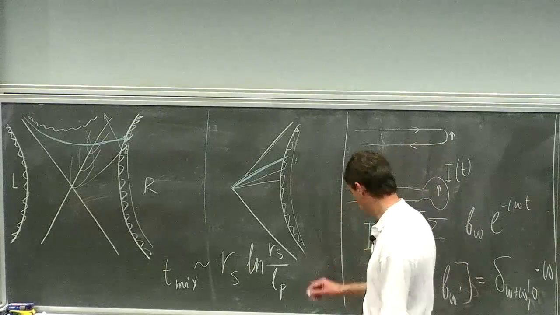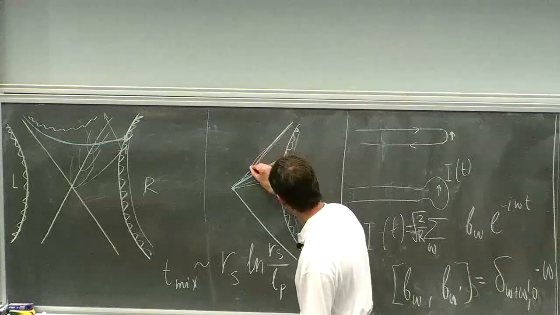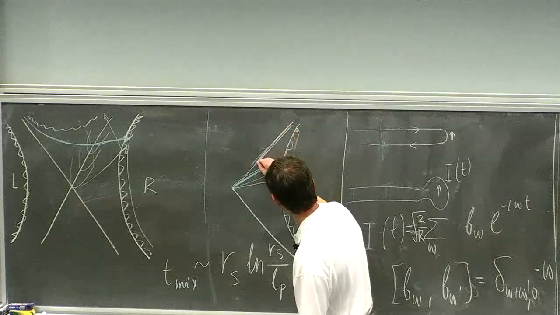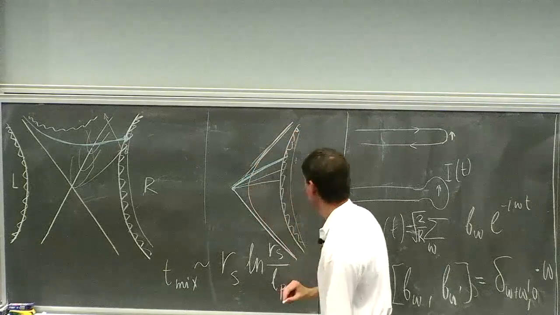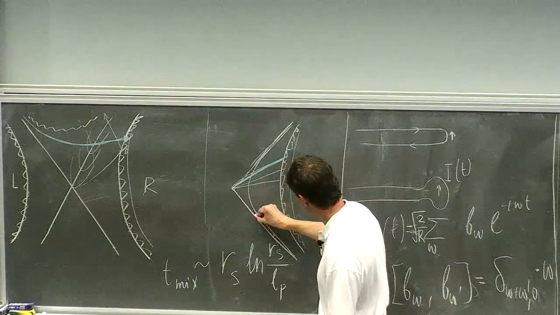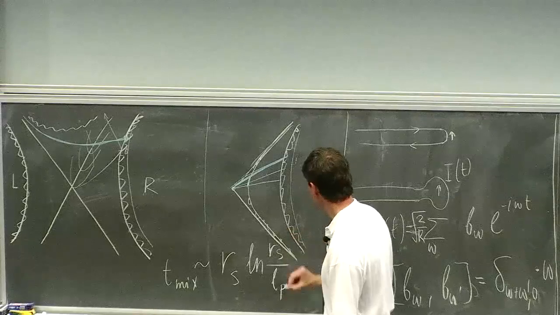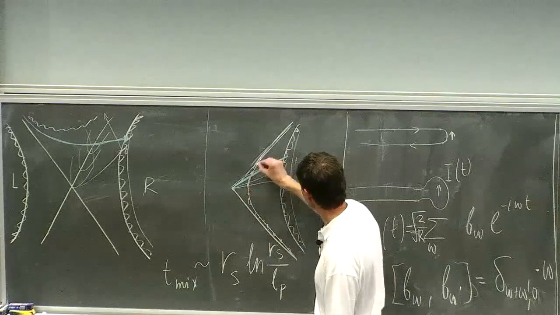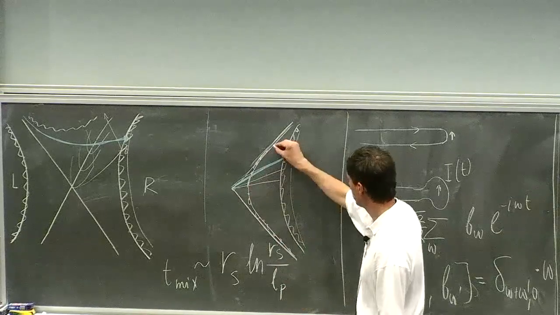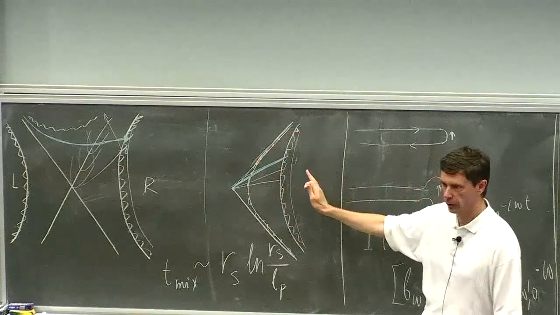So in this model, we can think of a stretched horizon and imagine that the degrees of freedom live on the stretched horizon. And they have some complex dynamics, which we will only know when we have the full theory of gravity.